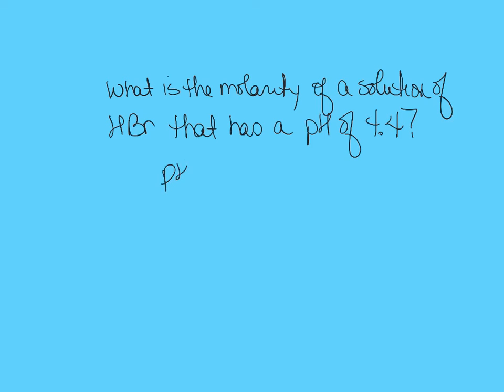You know that pH is equal to the negative log of the H+, or the hydronium ion concentration. I know what the pH is. The pH is 4.4 equals negative log of that hydrogen ion concentration.